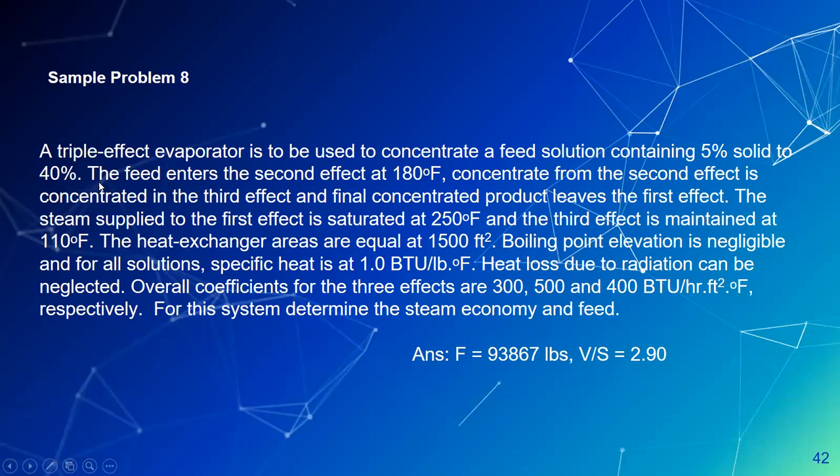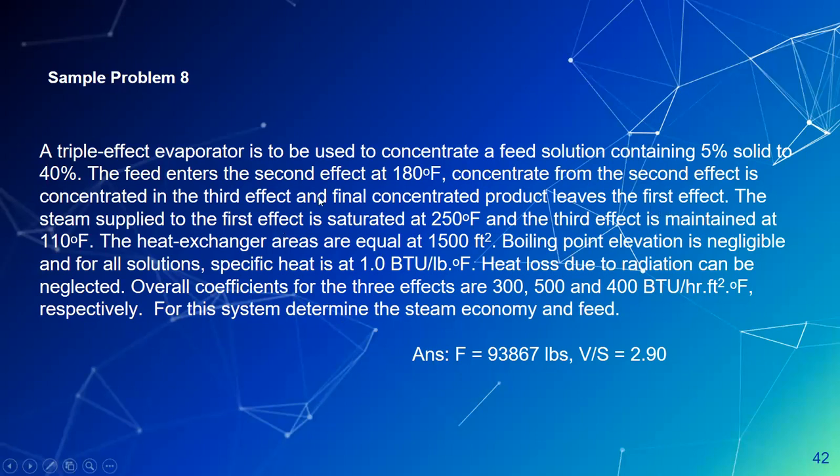I use this problem because the usual case is the feed enters the system at the first effect. In this case, your feed is introduced in the second effect. You're given its temperature here. You are to concentrate it in the second effect and in the third effect, and the final concentrated product will leave in the first effect.